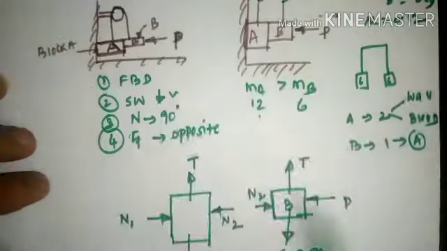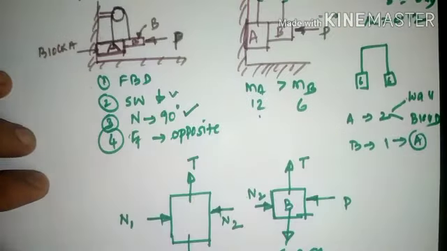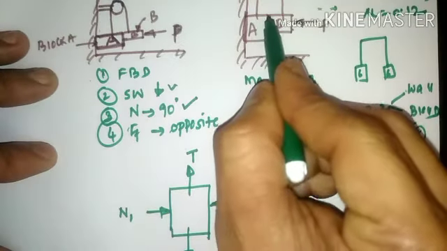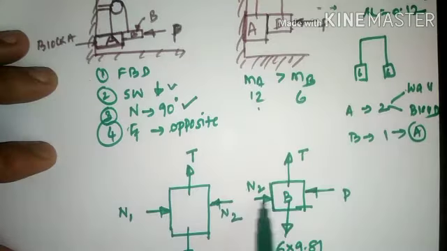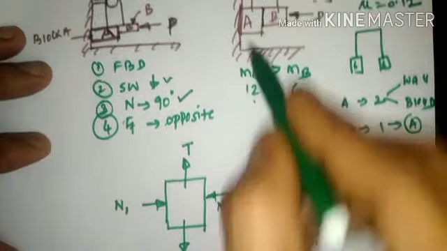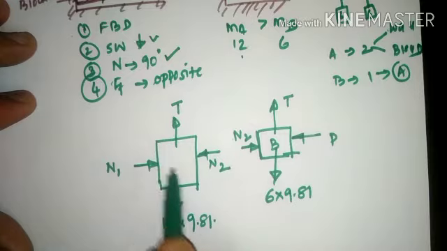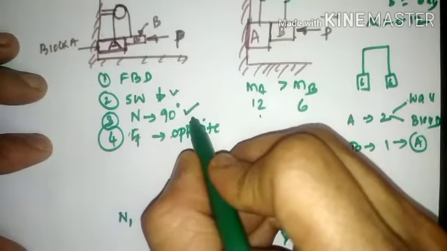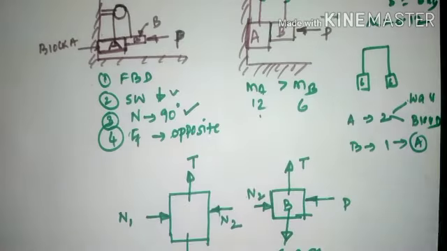So these are the reaction components, wherein the reaction component will always be perpendicular to the plane of contact. Here the plane of contact is vertical, so the reaction will be perpendicular, which will make 90 degrees. Here the plane of contact is the vertical wall, so the reaction will again be perpendicular to the plane of contact. So this is nothing but the third condition: reaction will always be perpendicular to the plane of contact.